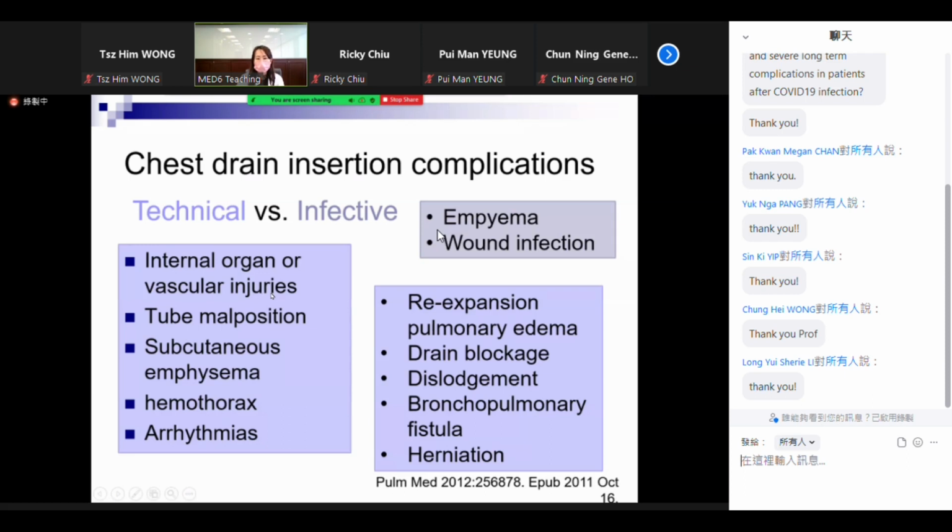And also there is a possibility of infection if the chest drain has been put there for more than 1 week. There's a risk of wound infection, empyema. So the most important are organ injury, bleeding, and infection.